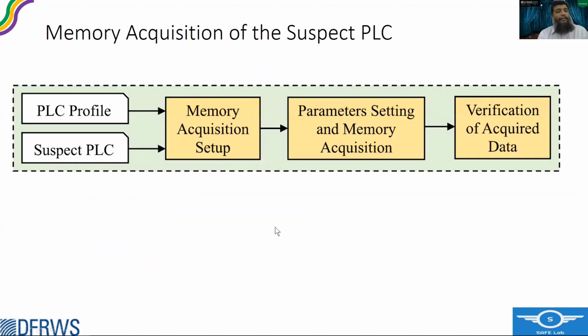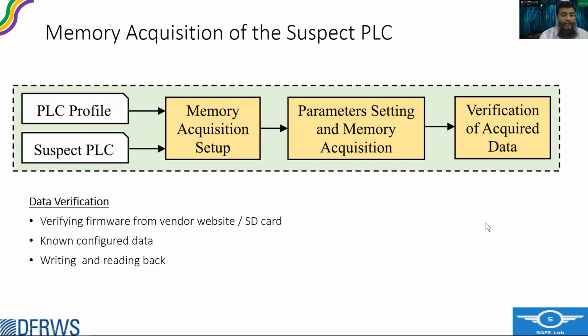Once we get that memory profile, we do the memory acquisition of the suspect PLC. Instead of the test PLC, we now have the suspect PLC. We set up the acquisition mechanism, set the parameters, acquire the memory and do a verification exercise. For verification, firmware is very helpful.